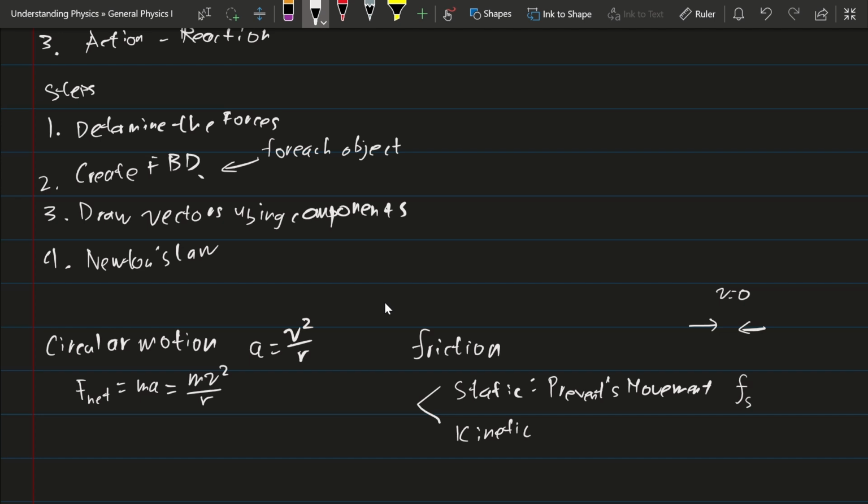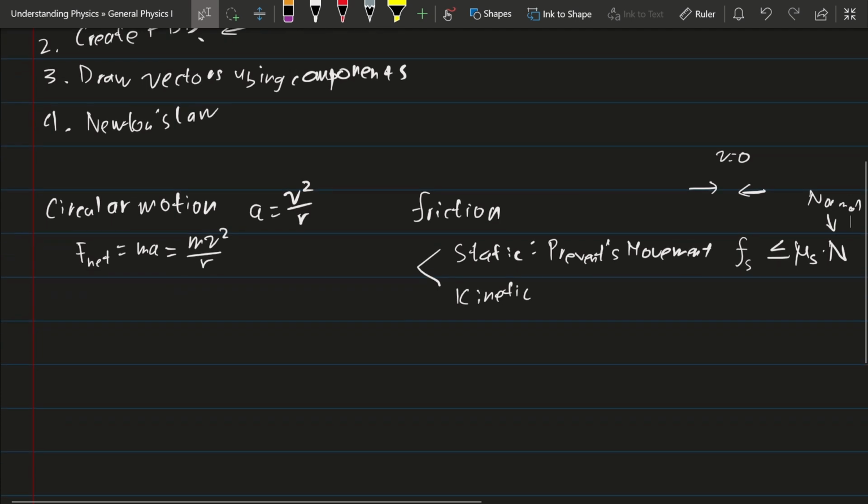But there is a maximum value, which is mu s multiplied by N, where N is the normal force. So the maximum friction force comes from a constant multiplied by the normal force, and that is the static friction.